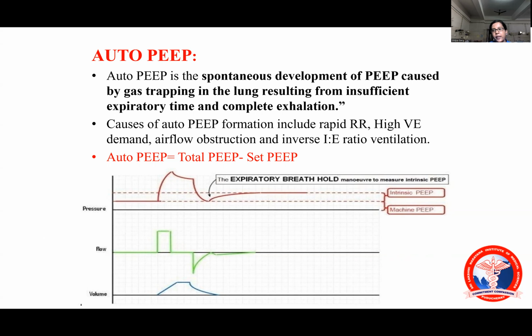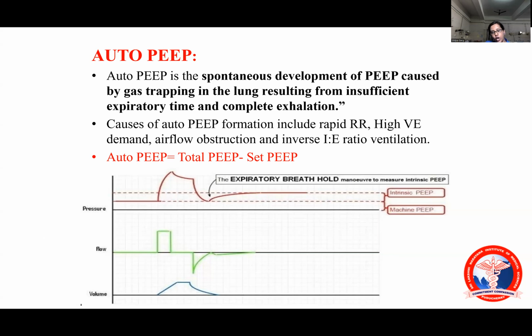If expiratory time is not adequate, that results in breath stacking and something called auto PEEP. Causes of auto PEEP can be a rapid respiratory rate, high tidal volume, or high demand for tidal volume, airflow obstruction as in asthma, or inverse IE ratio ventilation, which can also cause auto PEEP.